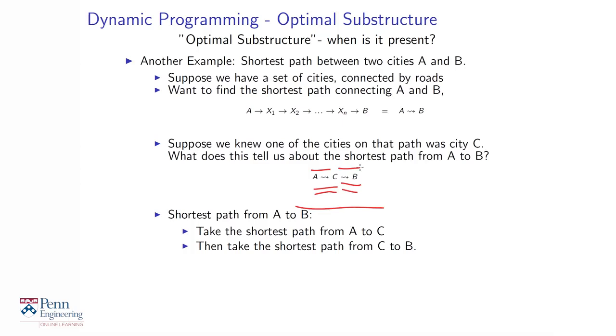A related sounding problem called the longest path, trying to find the longest path from one point to another, which never goes over the same point twice, that problem does not have optimal substructure.